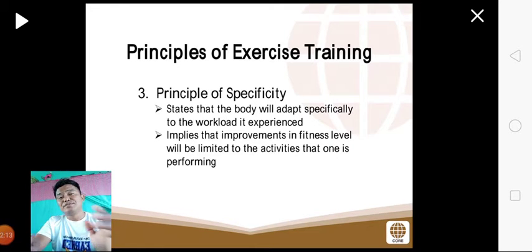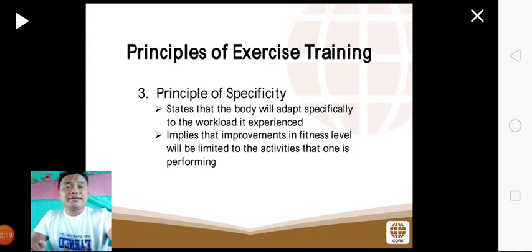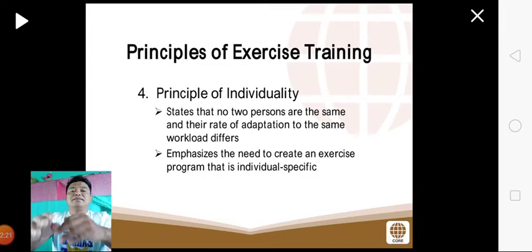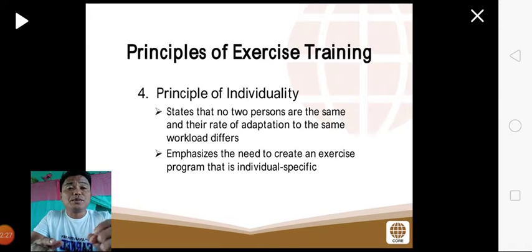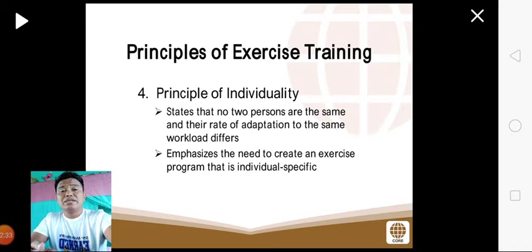Whether you want to be slim, muscular, or firm, specify it. Next, principle of individuality. It states that no two persons are the same and their rates of adaptation to the same workload differ. Emphasize the need to create an exercise program that is individual and specific.